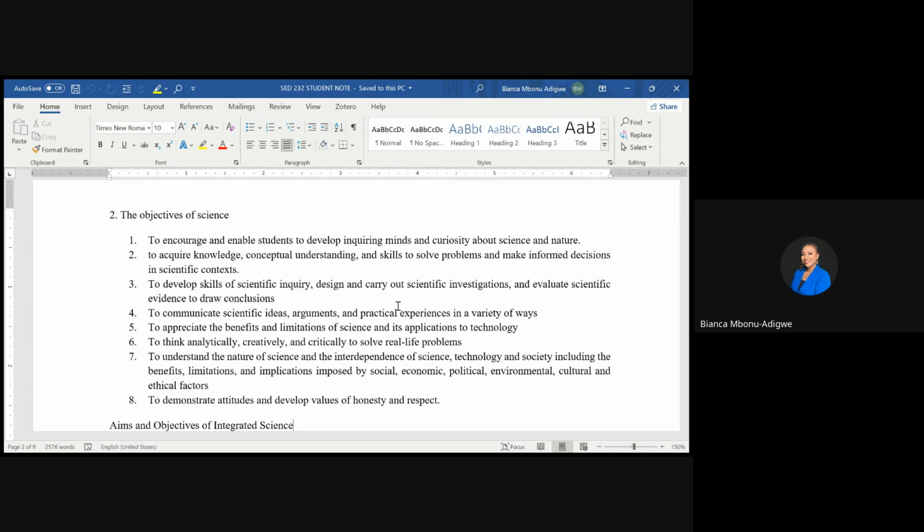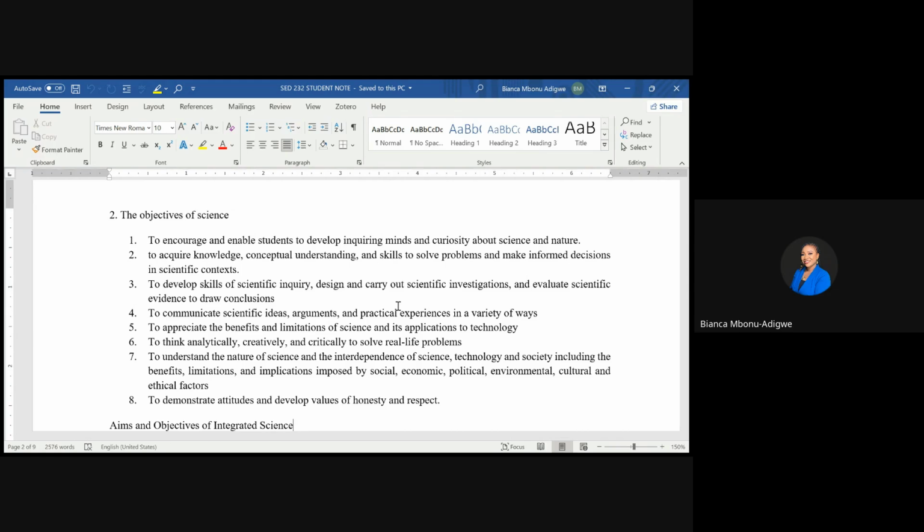We are teaching science for people to be able to communicate scientific ideas and arguments in a variety of ways. When you sit with people who are talking about carbohydrates, you should know what carbohydrates are. You should be able to communicate that idea.